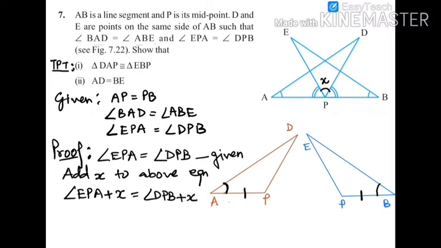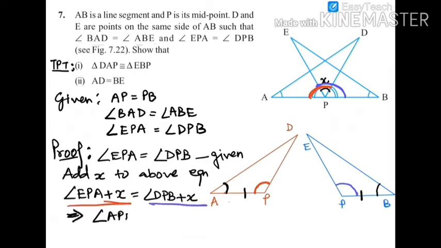And we know that angle EPA and X is angle APD, which is this angle. Also, angle DPB plus X is angle EPB, which is this angle in the blue triangle.